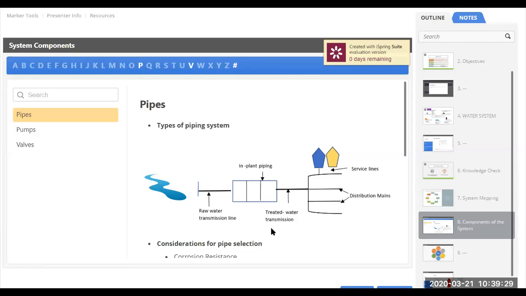Transmission lines, whether raw or treated water, are larger. Then we have distribution mains and then service lines.